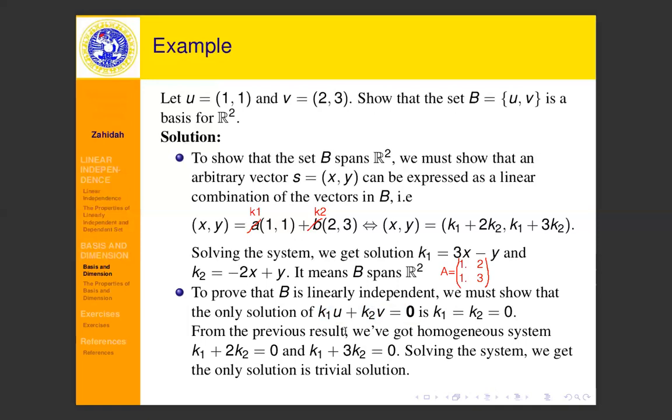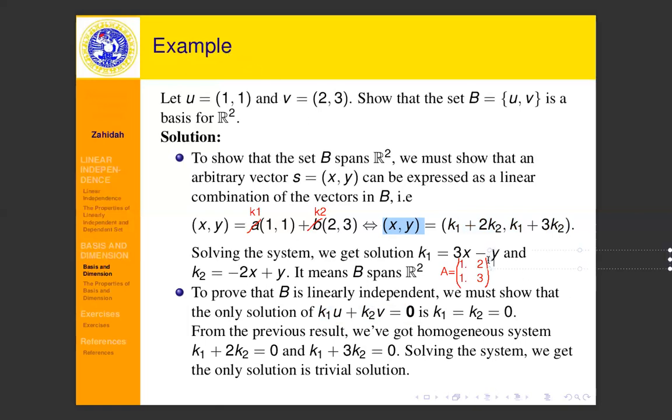Okay, from the previous result, we have our system k1 plus 2k2 equals x, and then we change (x, y) into (0, 0). Solving the system, we have the augmented matrix here.